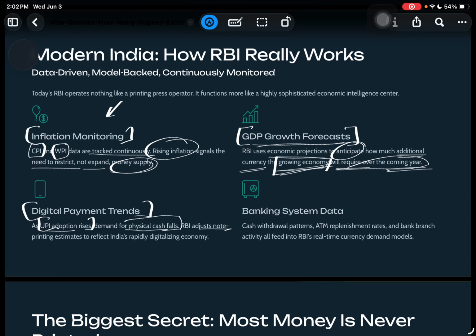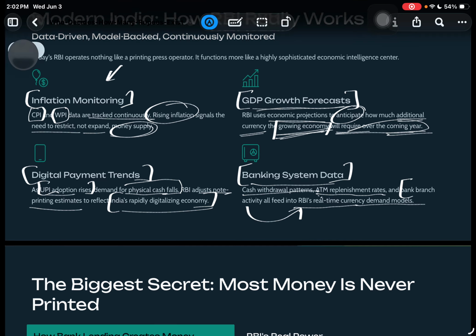RBI adjusts note printing estimates to reflect India's rapidly digitalizing economy. RBI depends on banking system data. It understands the cash withdrawal patterns, ATM replenishment rate, and the bank branch activity. It is all fed into RBI's real-time currency demand models.